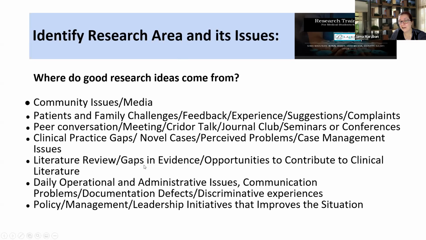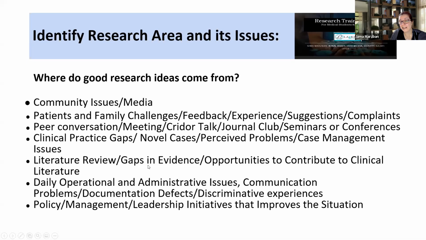Literature review, finding gaps in evidence. When you read a systematic review or a scoping review, there is a section in the article called discussion, further research, gaps in evidence, and limitations.